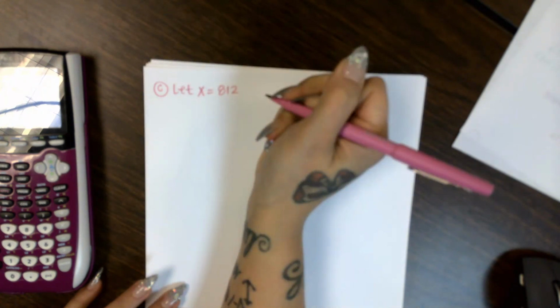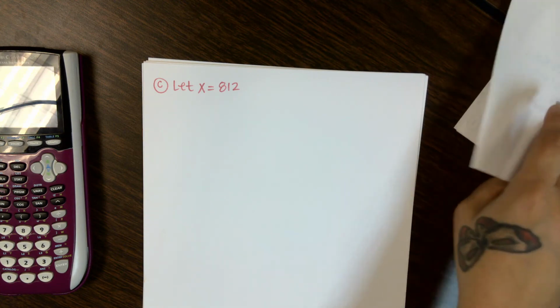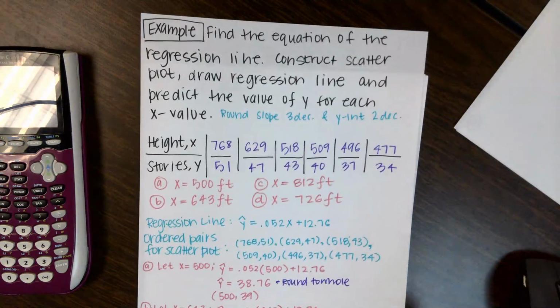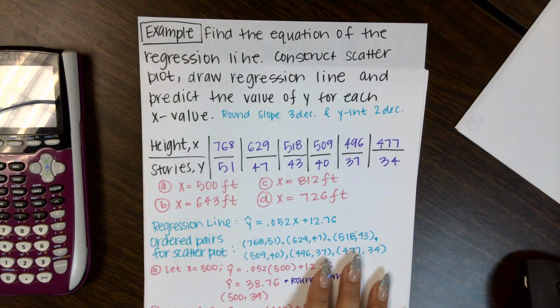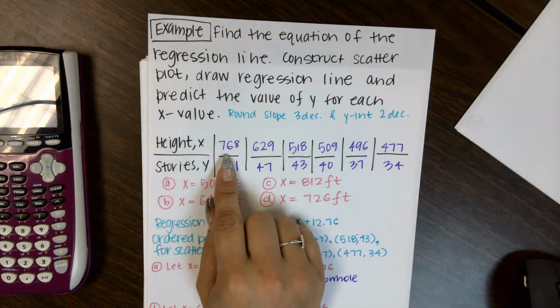812. I feel like this one they're trying to trick you. You start doing all of this work, and then you notice that if you really look at the data they give you, what is the highest data point that I've been given? 768. So I can only predict y values for x values that are in my range.